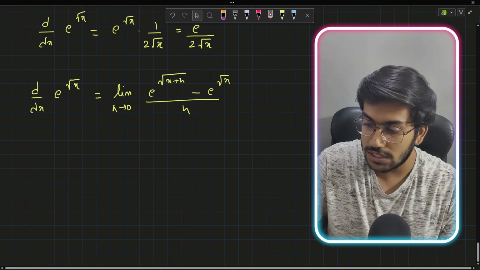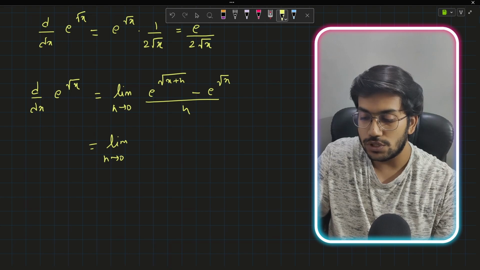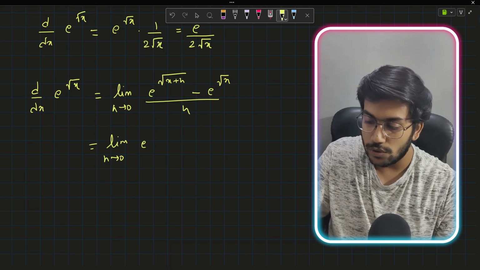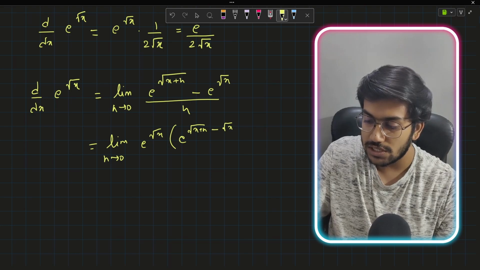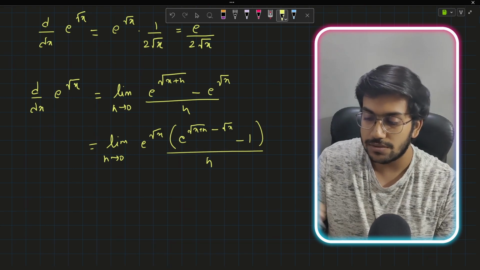So what this gives us is: limit h tends to 0 of e to the power root x times e to the power root x plus h minus root x, minus 1, over h.